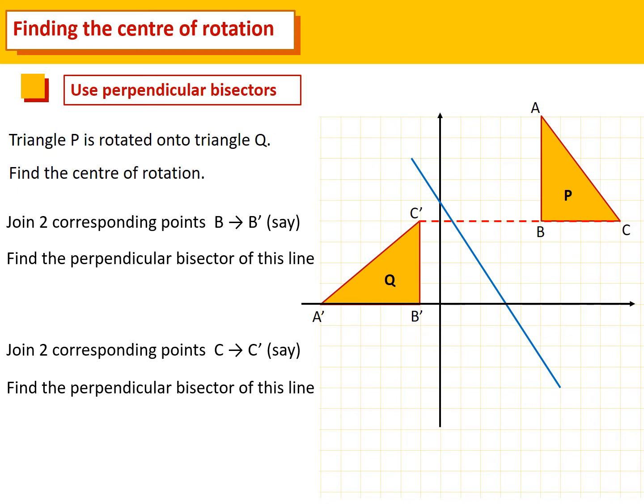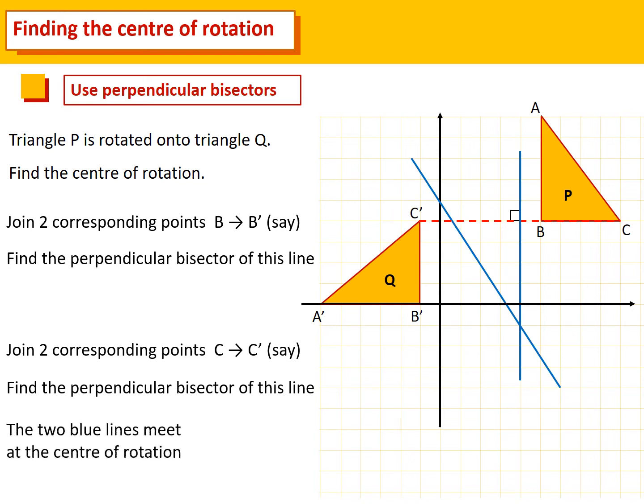So the middle of the red dotted line at 90 degrees to it, well, because the red dotted line is horizontal, at 90 degrees to it, we're looking for a vertical line which passes through the middle, and it would be that line there. Now, quite simply, where the two blue lines meet, that is your center of rotation. And there it is marked on, and that is the point -1.